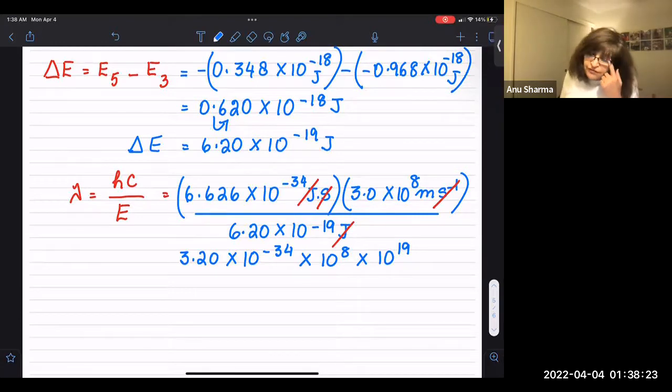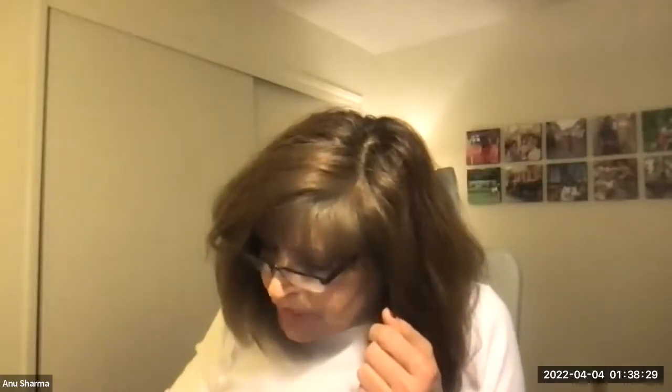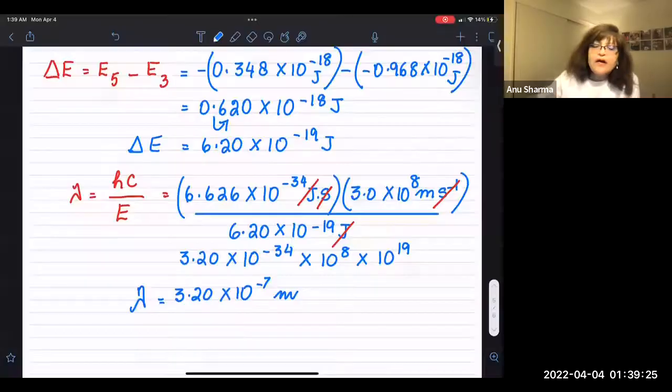So positive 19 plus 8, and then minus the 34. Okay, so we see that the wavelength then comes out to be 3.20 into 10 to the power negative 7 meters. And that's the answer.